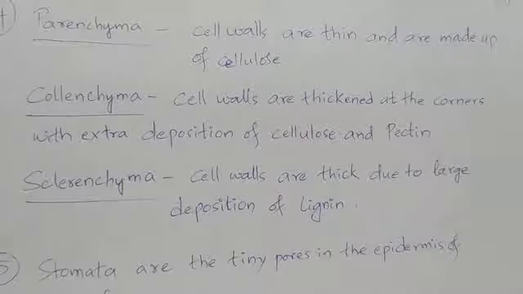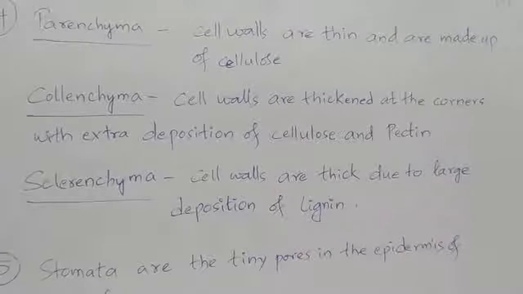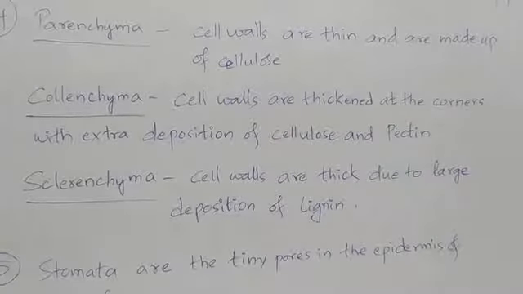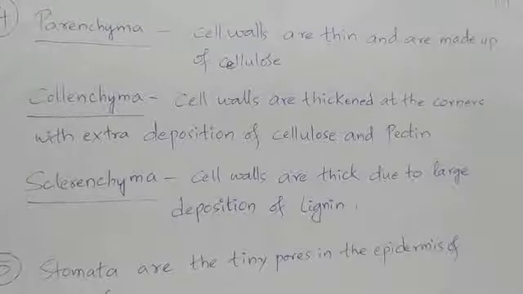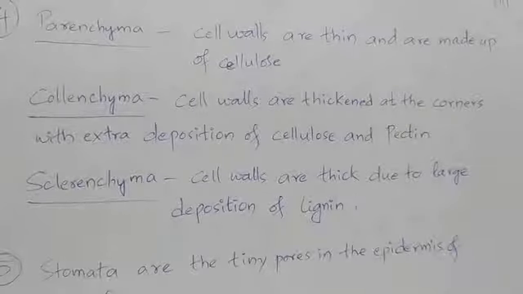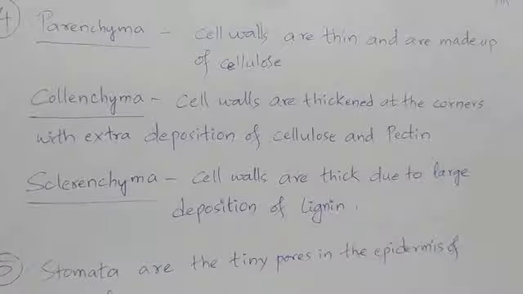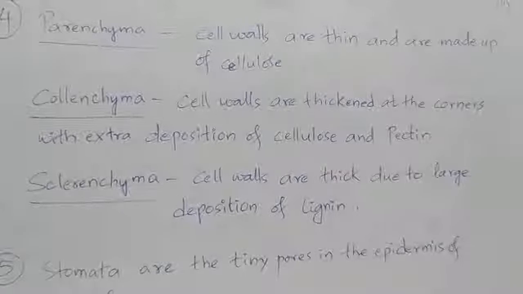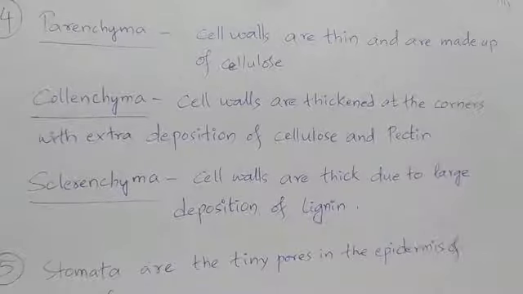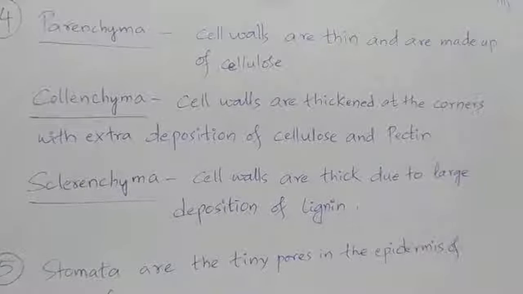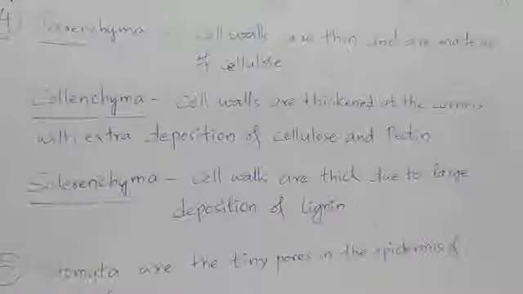And the cell wall is made up of cellulose and pectin. And at the corners, this cellulose and pectin is more deposited. So, the corners of the cell wall of the collenchymatous tissue, they are thickened. Sclerenchyma.